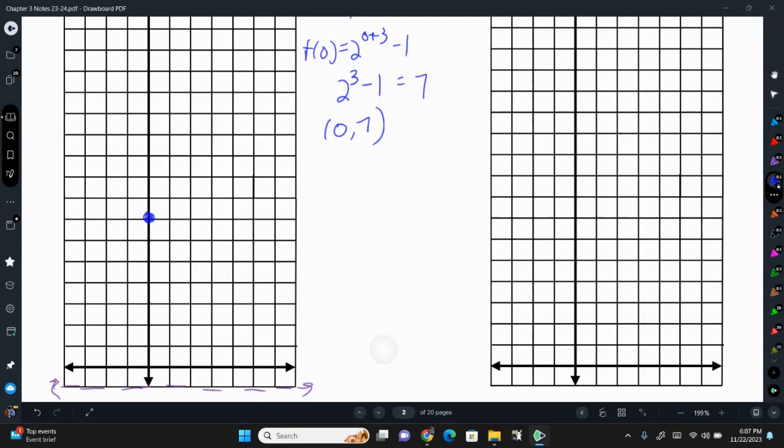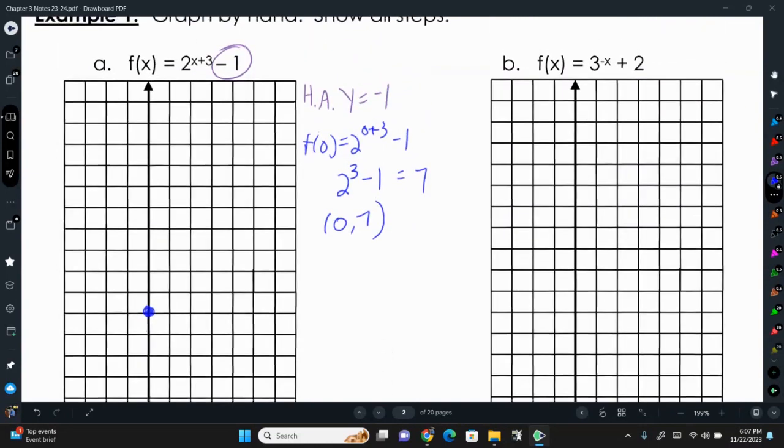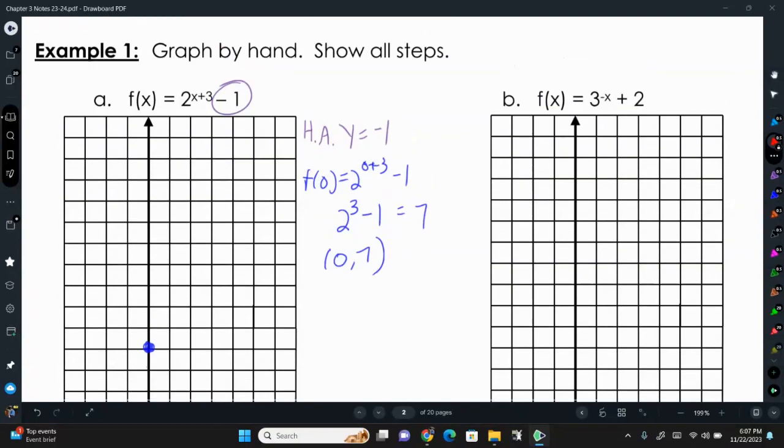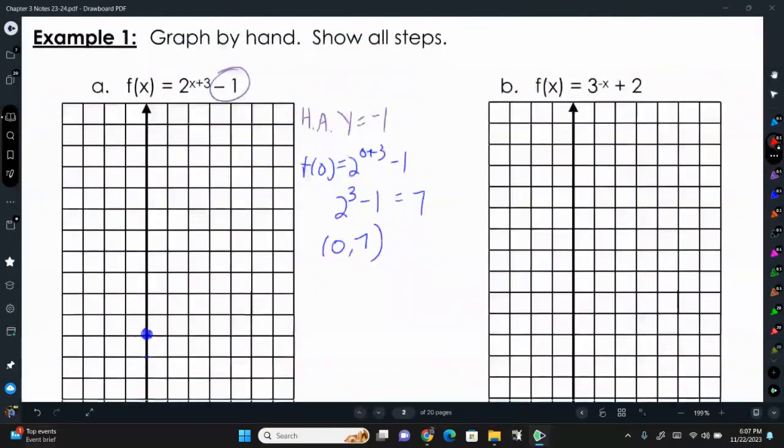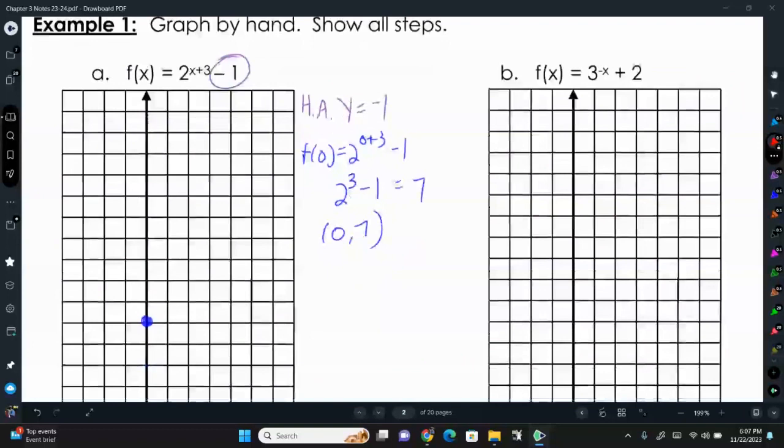Now to find our other point, we could take our original y-intercept from our parent function, 0, 1. So for the other point, we could take 0, 1 and translate left 3 and down 1, okay?